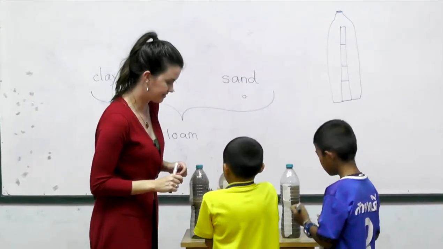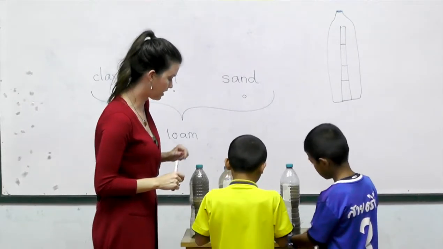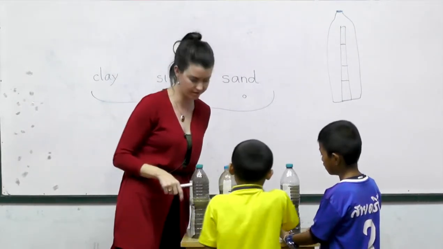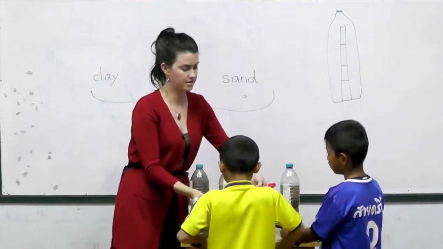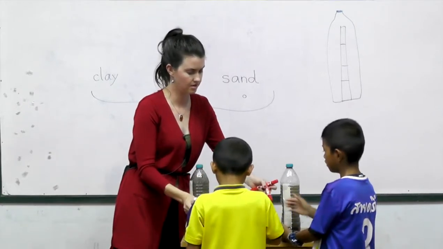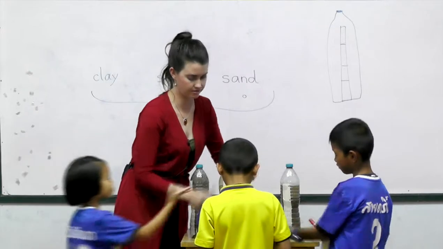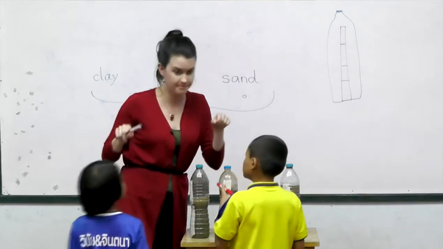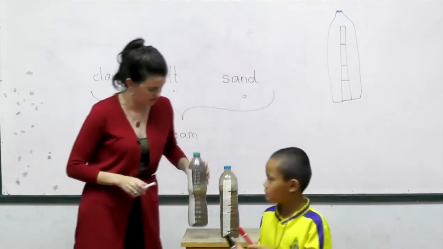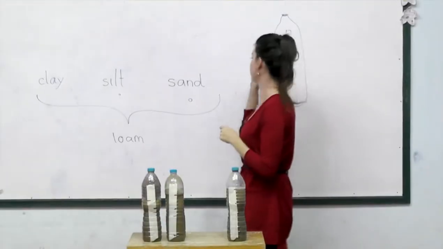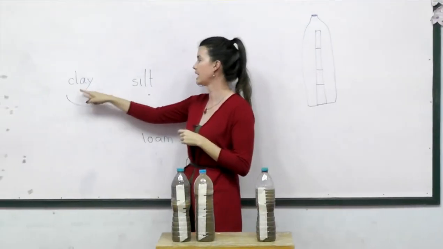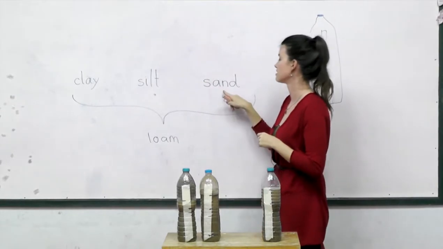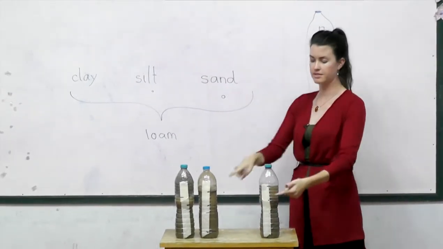All right, so you can head back to your tables. Bring your markers and take this to your team also. So bring your black marker and your red marker with you. Okay, we're gonna label our bottles with clay, silt, sand, and what's this up on the top?